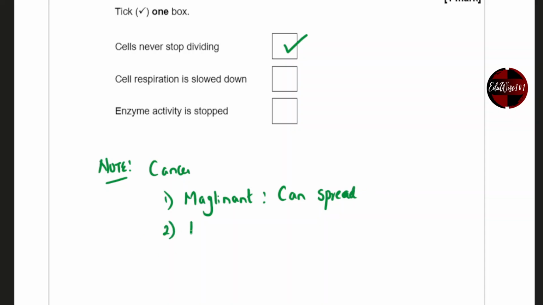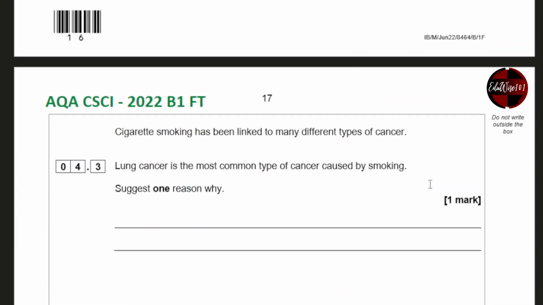Two is benign, which does not spread. Cigarette smoking has been linked to many different types of cancer. Lung cancer is the most common type of cancer caused by smoking.